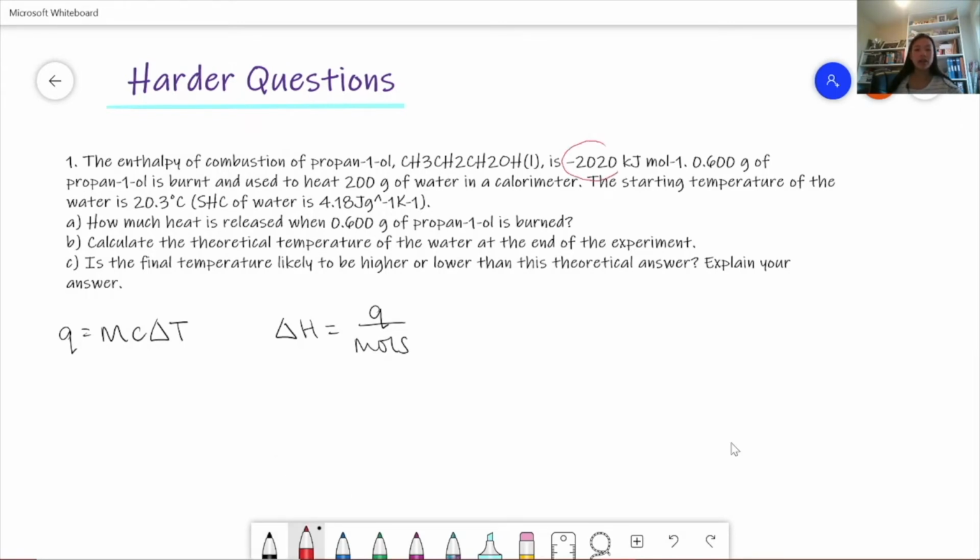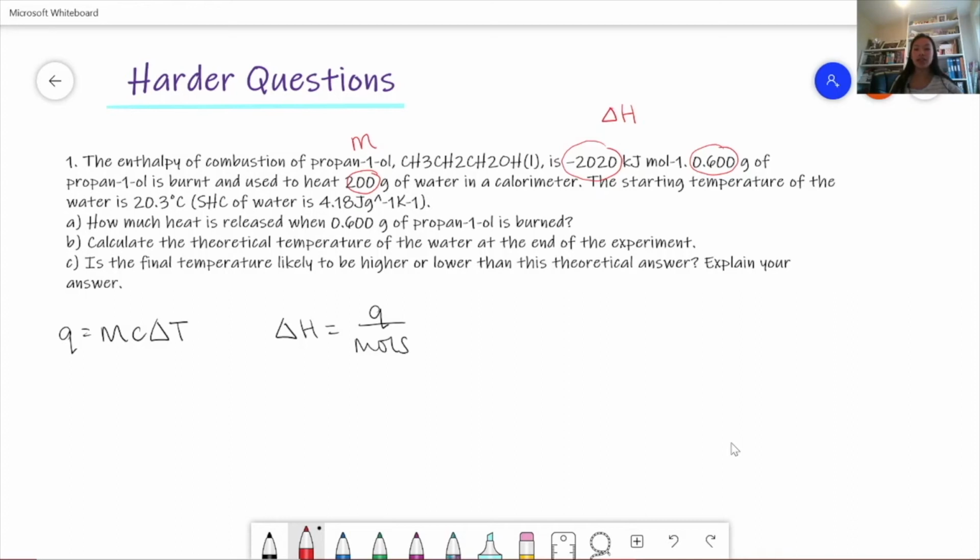So here we have delta H, and this is the mass of the propan-1-ol. This is our M, because you have to remember that for this equation, this always talks about the water or whatever's being heated. So the M here will be this 200 grams and not the 0.6 grams of propan-1-ol.